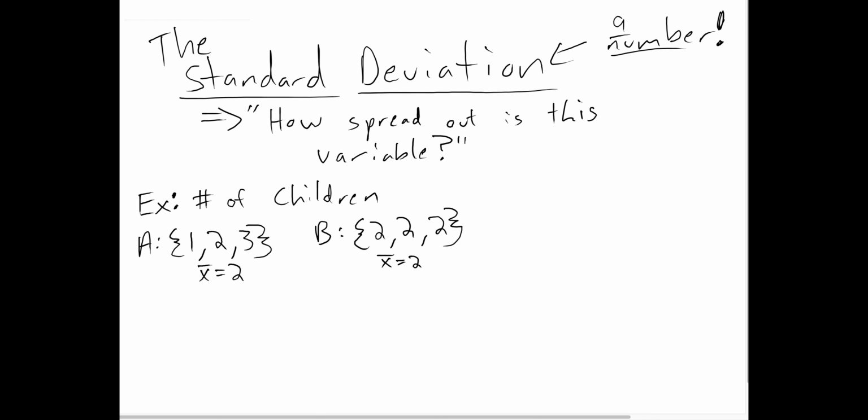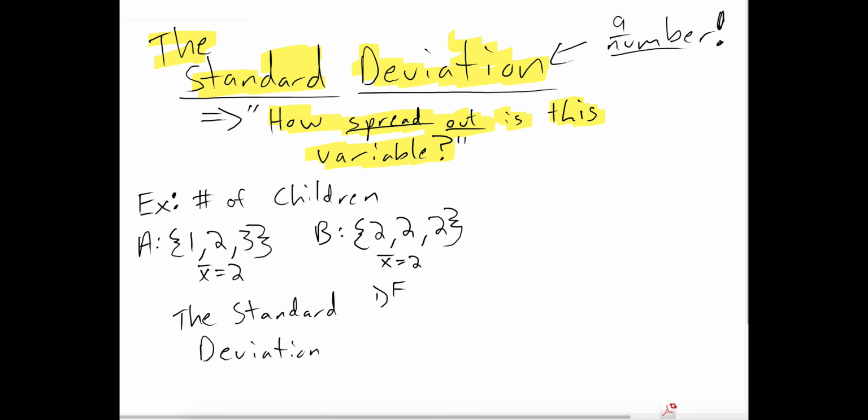So we want a number that presumably should be larger for group A than group B, because group A has more variability. It is more spread out than group B. And that number is going to be the standard deviation. The standard deviation basically involves 3 different calculations.